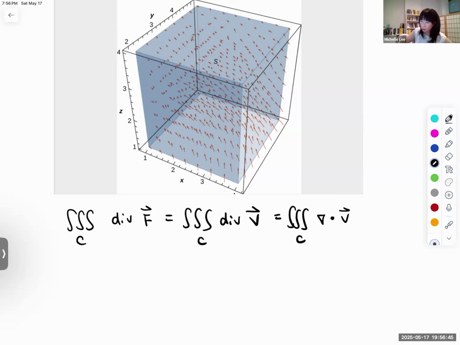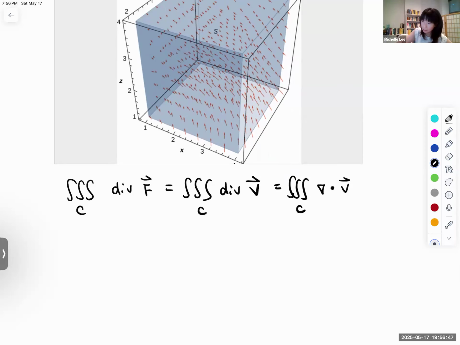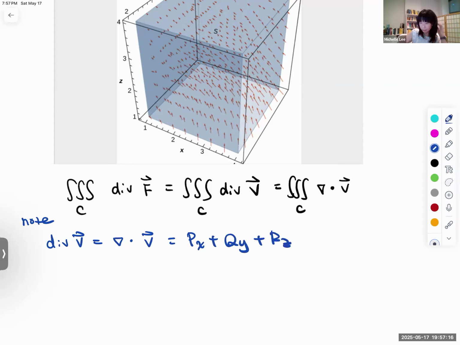Okay, so what is the divergence of vector V? We know the formula, so P sub x plus Q sub y plus R sub z.